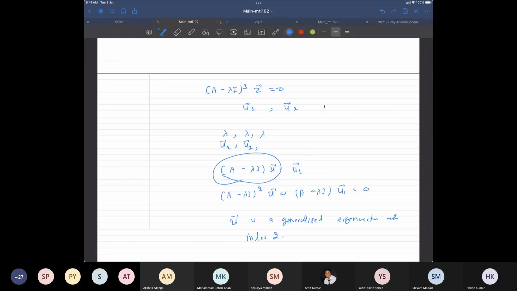Okay, now the question is whether such a v exists or not. Agree? So now let us see. The kernel of A minus lambda I square is bigger. How would we argue about it?